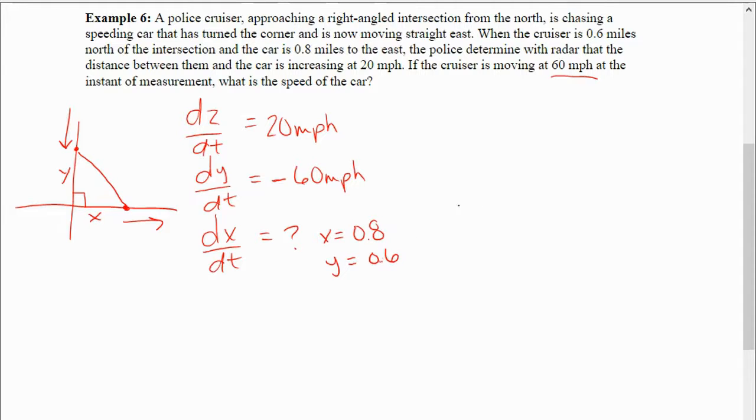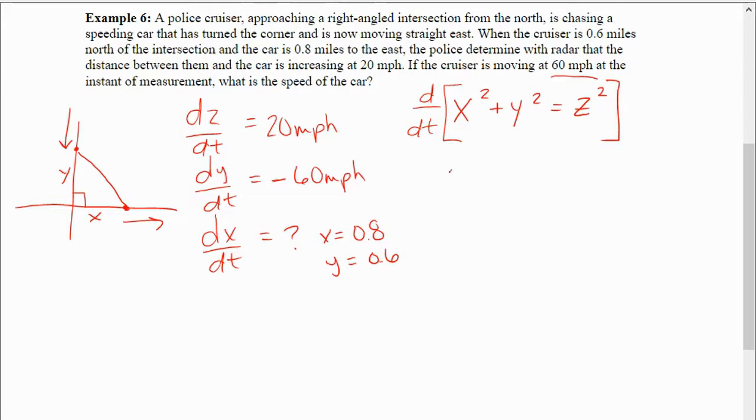Okay. So once again, we have this right triangle situation. We are not dealing with any angles right now. So this is going to be Pythagorean theorem again. So we have x squared plus y squared equals z squared. Okay. Let's go ahead and take the derivative with respect to time.